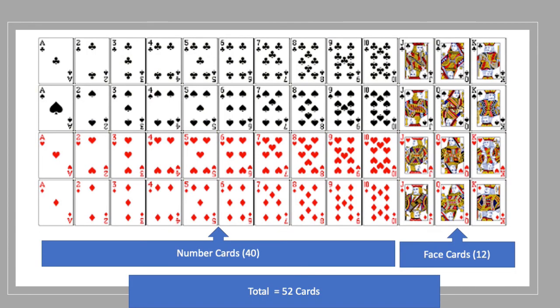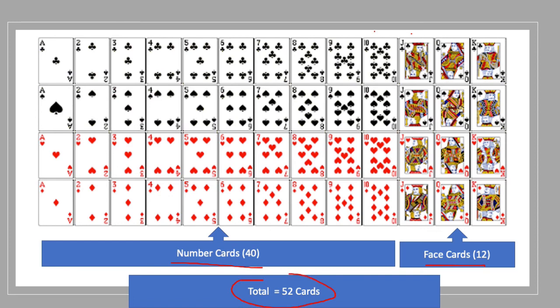Okay, some of you are familiar with the deck of cards, some of you are not, and I'm going to provide this to you separately as well. This is a general deck of cards. Notice in our deck of cards we have 40 cards that are number cards, and we have 12 face cards. The face cards each have a value of 10, along with the number card with the value of 10.